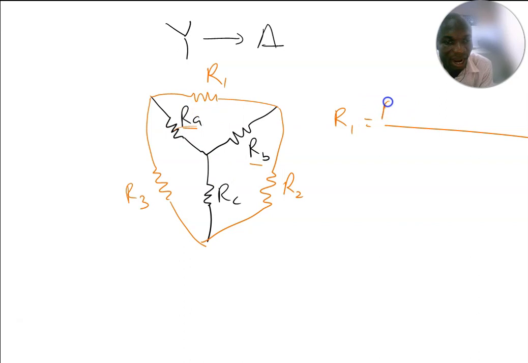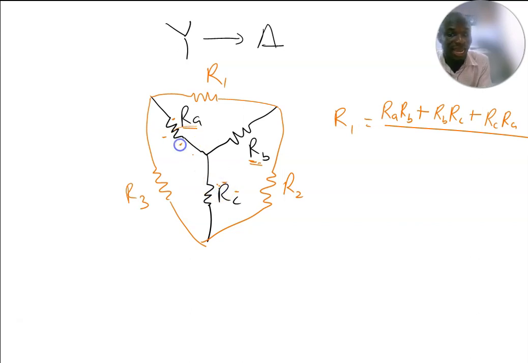So it's going to be RA times RB plus RB times RC plus RC times RA. So we are moving around it. RA, RB plus RB, RC plus RC, RA. That's going to be the numerator.